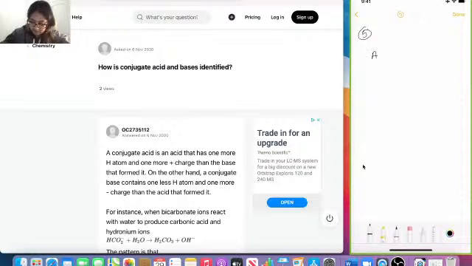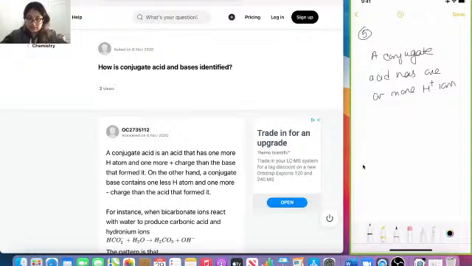So a conjugate acid has one or more H plus ions than the base that formed it, right? So your bases, as you recall, don't have a plus and a proton, right?